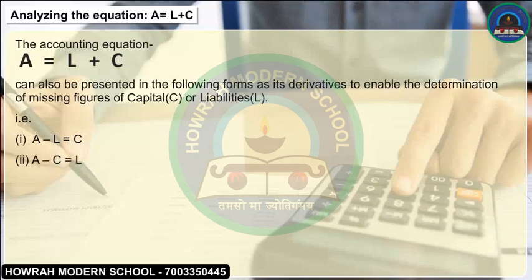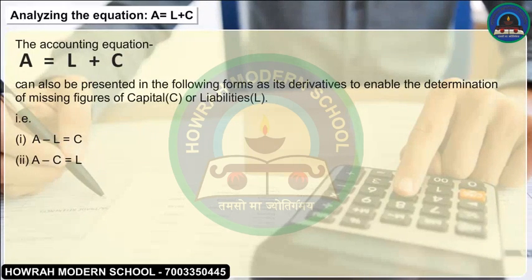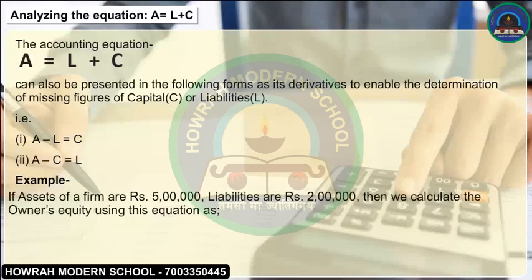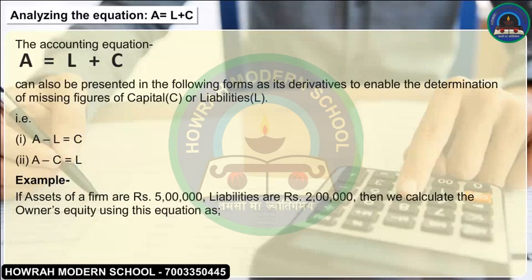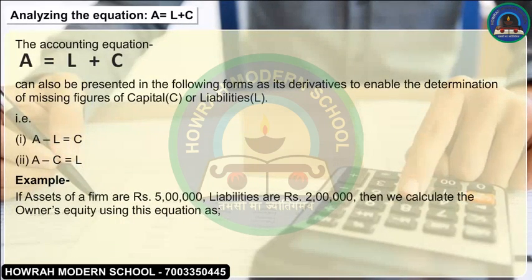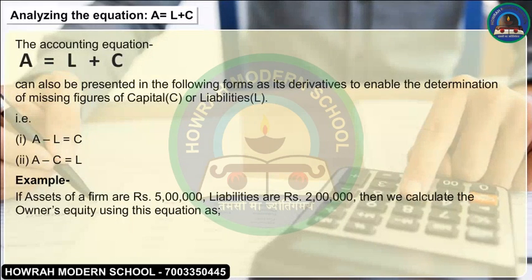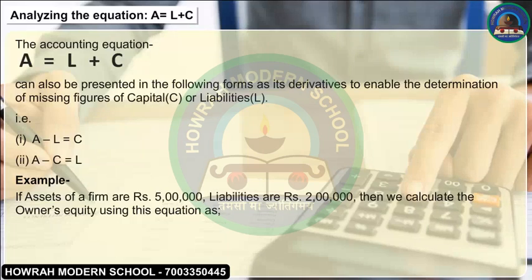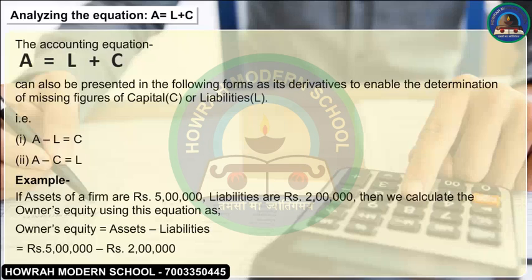A minus C is equal to L. Example: if assets of a firm are 5 lakh rupees and liabilities are rupees 2 lakh, then we calculate the owner's equity using this equation as owner's equity is equal to assets minus liabilities, which is rupees 5 lakh minus rupees 2 lakh, equal to rupees 3 lakh.